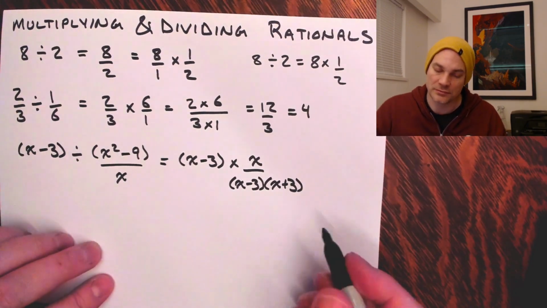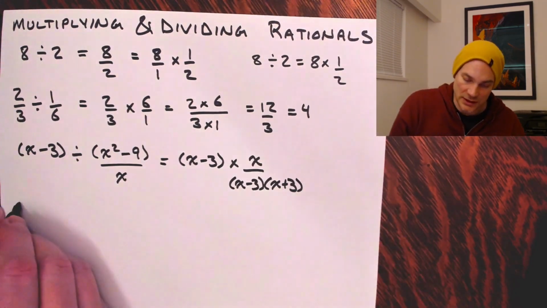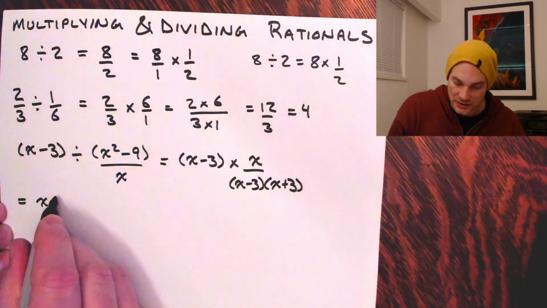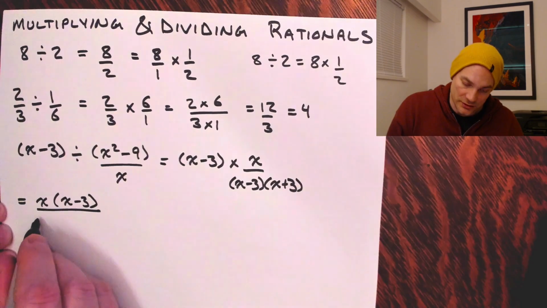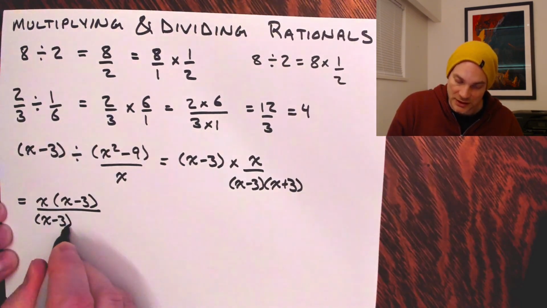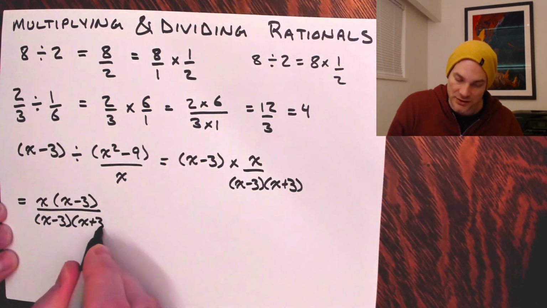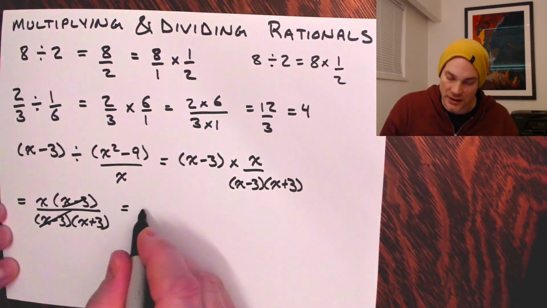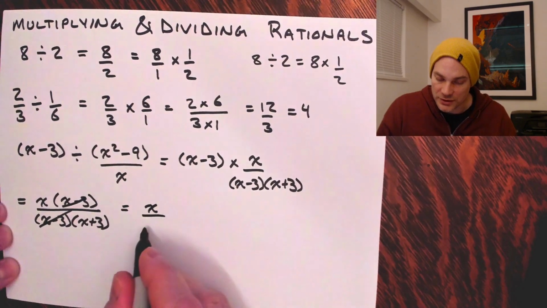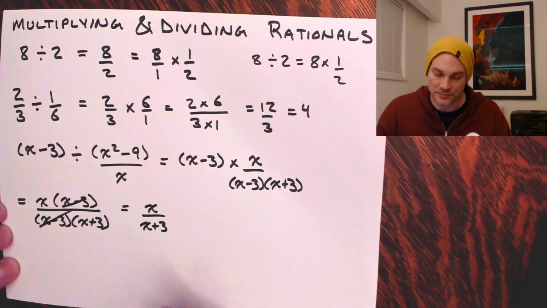Okay, so this then equals x bracket x minus 3 all over x minus 3, x plus 3. So I can cancel this out, and then I have x over x plus 3.